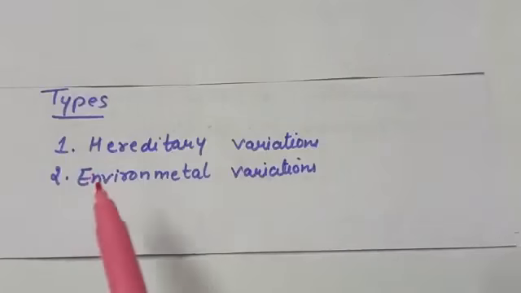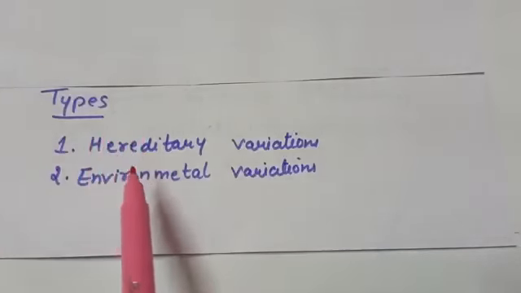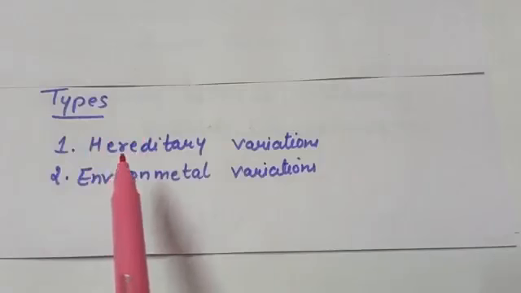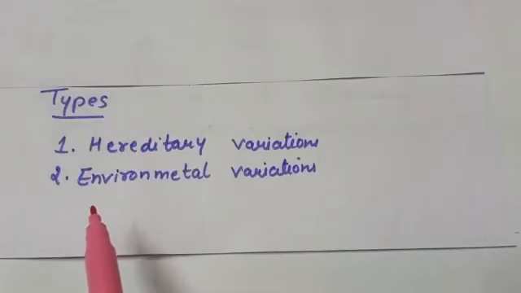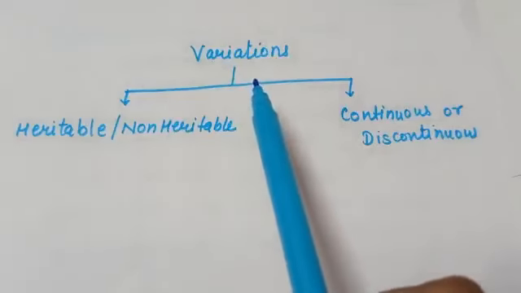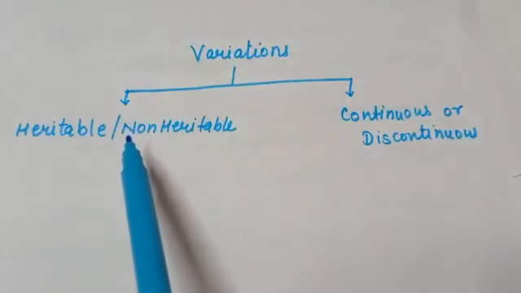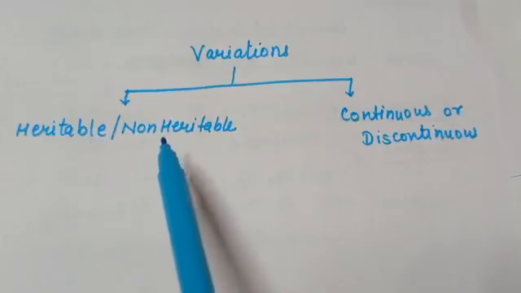Now let us talk about the types of variations. Variations have two main categories. First, we can divide variations into heritable or non-heritable variations.